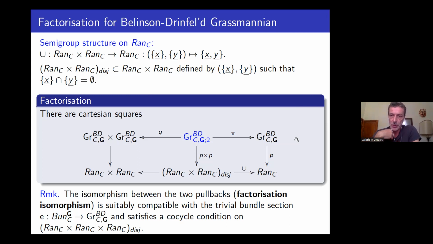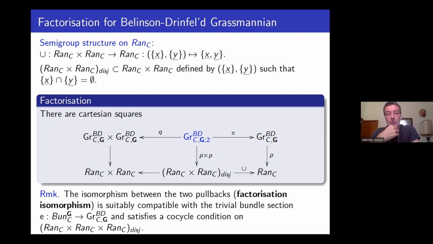Starting from the right, you have the projection p from the Grassmannian to Ran(C) at the extreme right. And then you can take the union restricted to the disjoint pairs of points. So this gives you the first leg. And you can take the pullback of this diagram and you obtain something.